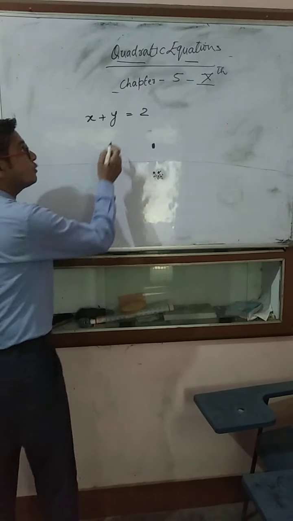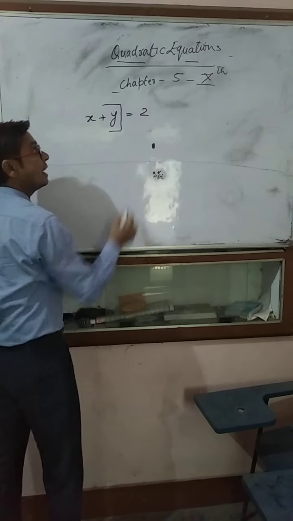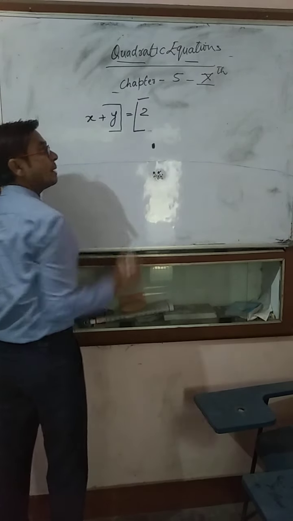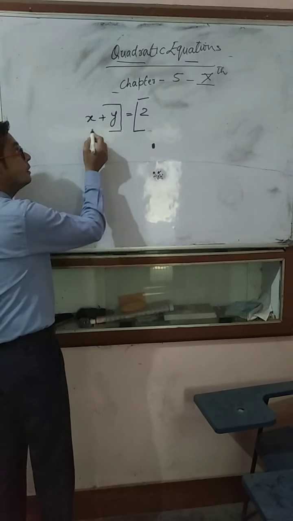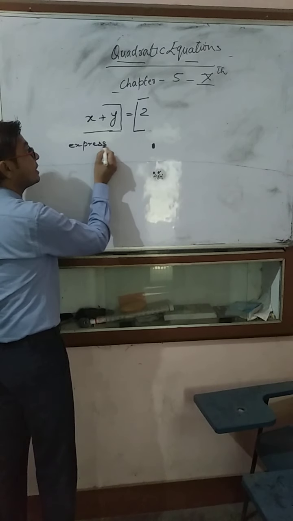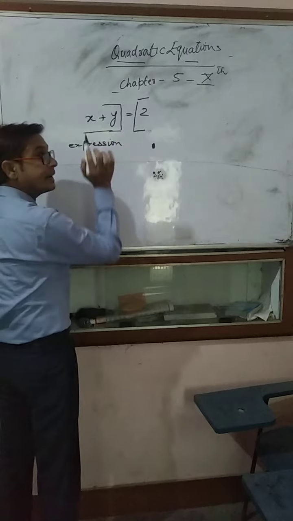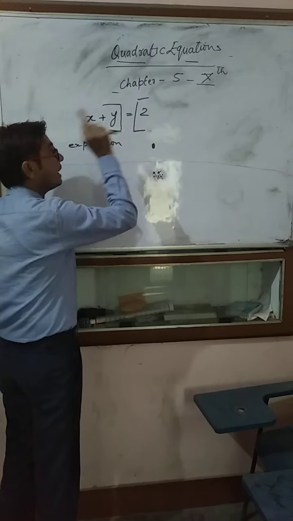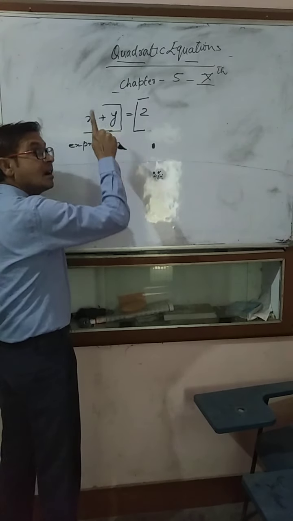Now first of all, there are two parts. First one is this part and second one is this part. Now on the left hand side there is an expression. In the expression, see, there are two variables x and y, and there is a sign between them, that is addition.